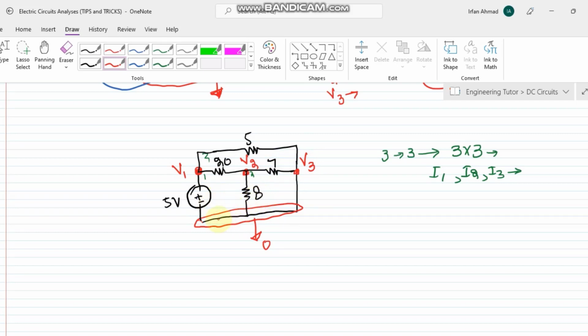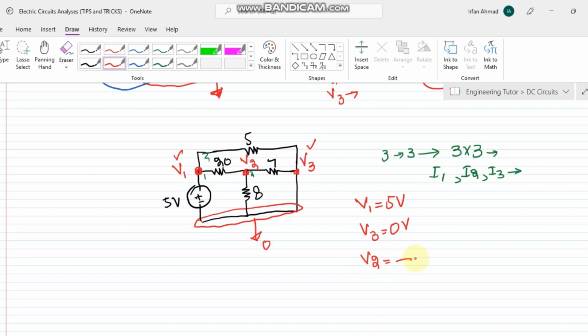In solving this circuit, we can very easily see that the voltages at these two nodes are already given. The value of V1 is 5 volts. Similarly, V3 is short circuited with the reference node, so the value of V3 is 0 volts. So here we just have to find the value of V2 by using the equation which we will form in terms of all the currents.